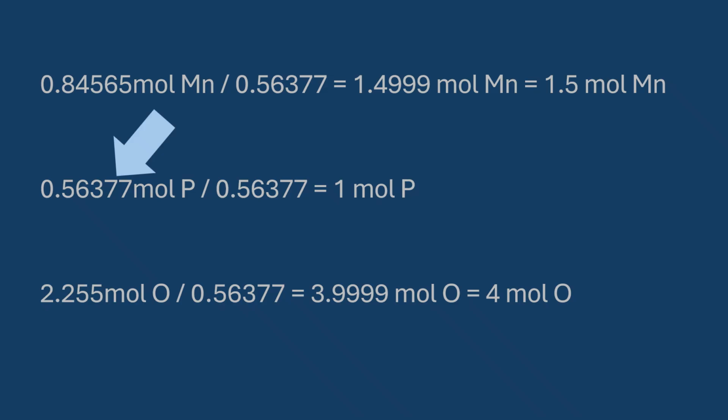Many times we will come up with fractional values at this point in an empirical formula calculation. It's important that you don't round if you're too far from a whole number, because this 0.5 value here represents a known fraction, which is 1/2. This implies that all of our values are probably about half as large as they should be.